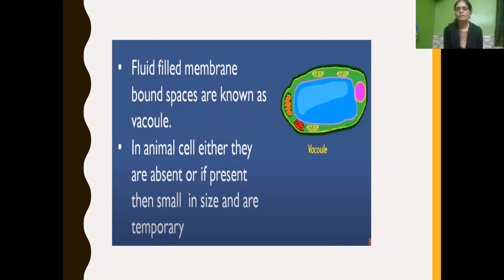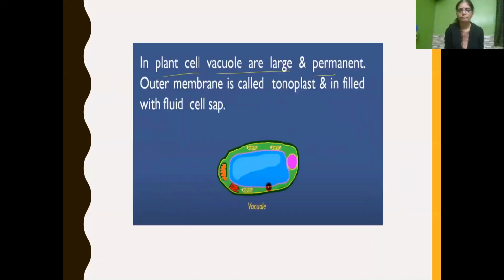See, this figure shows the plant cell, because inside the light blue color, what is that? A big vacuole is there. But in an animal cell, vacuoles are either absent, or if present, they are small in size and temporary.